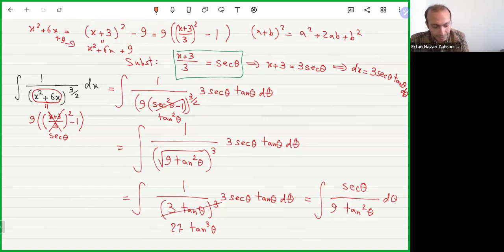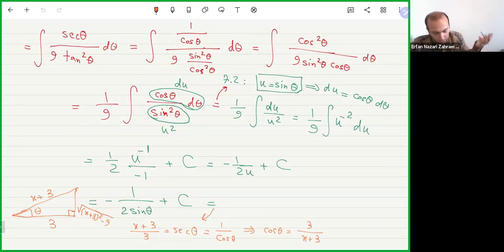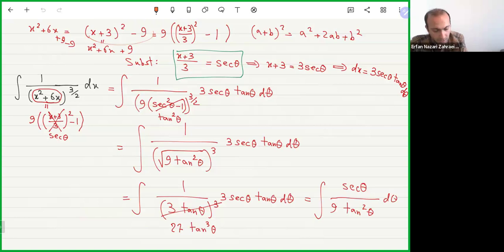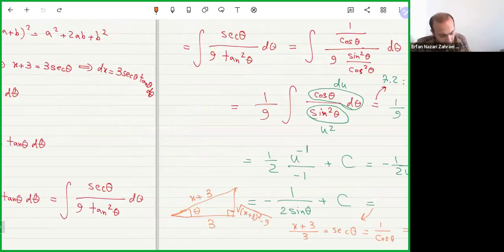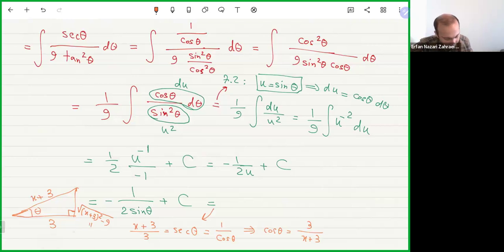That is the same as root x squared plus 6x. You can also find this by expanding and simplifying: 9 minus 9 cancel, and you get that.